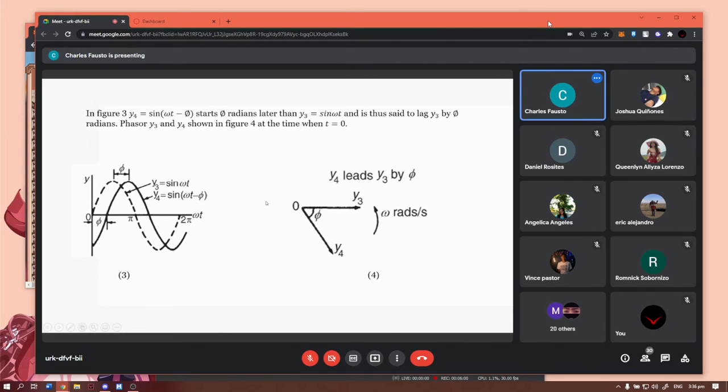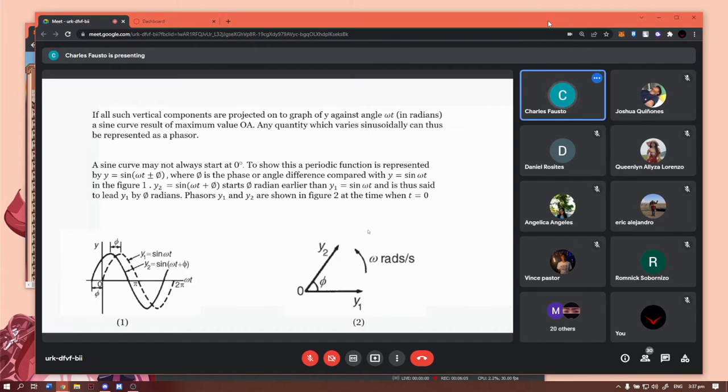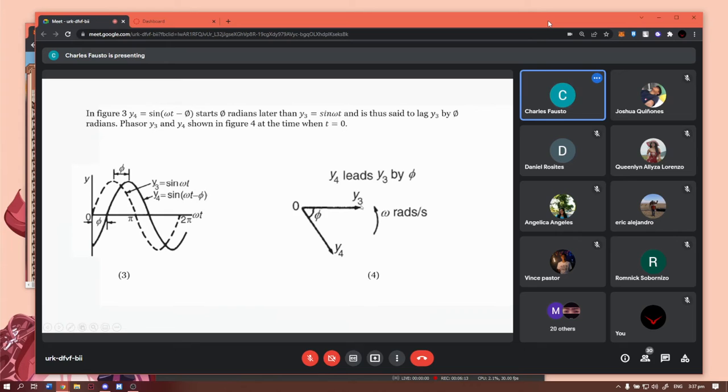So, makikita natin yung sa una, siya, ano? Ganito yung equivalent niya, no? Yung y1 niya nandito sa baba and yung y sub 2 niya nandito sa taas. Samantalang dito, y sub 3 niya nandito pa rin because yung y sub 4 leads y sub 3 by p radians.